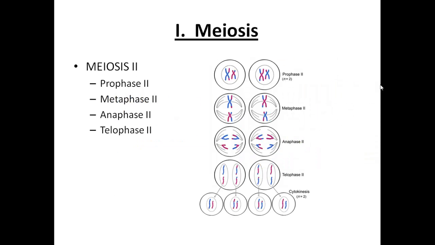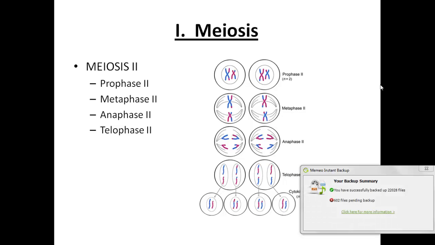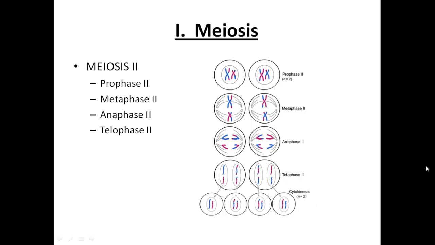But because we're going all the way to 4 cells with half the number of the genetic information, we go through prophase 2, metaphase 2, anaphase 2, and telophase 2, and then again in cytokinesis.